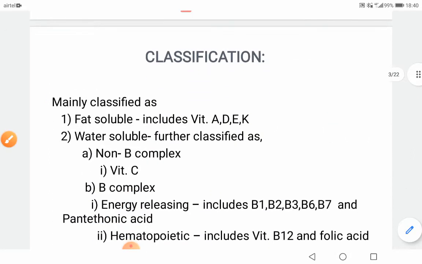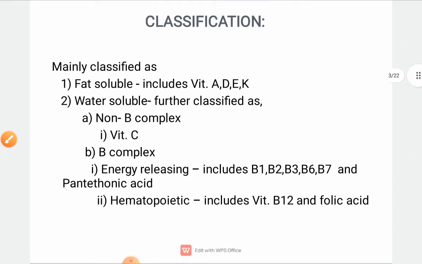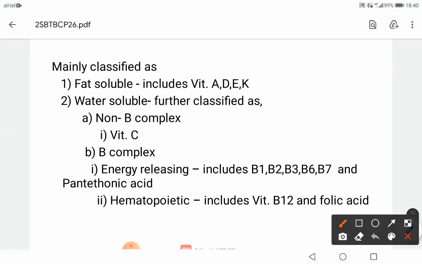Okay. So with the brief introduction of vitamins, now let us move on to the classification. The vitamins can be classified as fat soluble, which are derived from the fat, and water soluble vitamins.